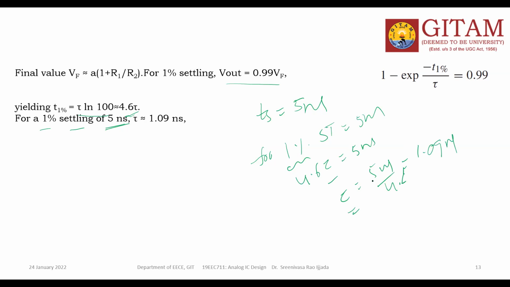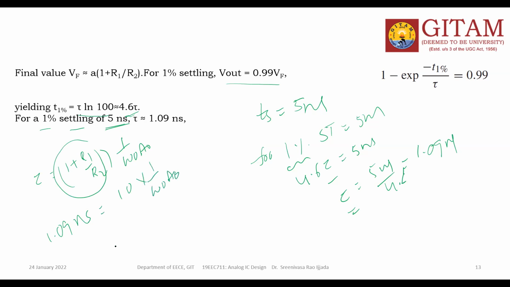Once you have the tau value, according to the formula we derived, tau is equal to 1 plus R1 by R2 into 1 by omega naught A naught. The tau value is 1.09 nanoseconds, and this value, 10, is given, and we want the omega naught A naught value.